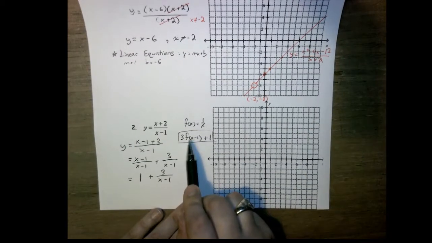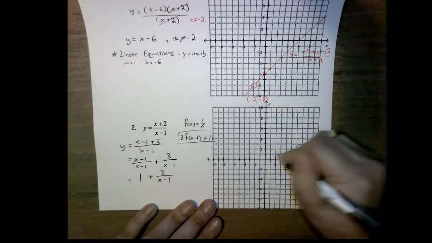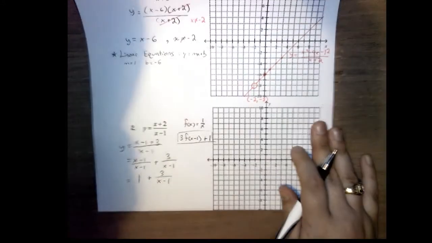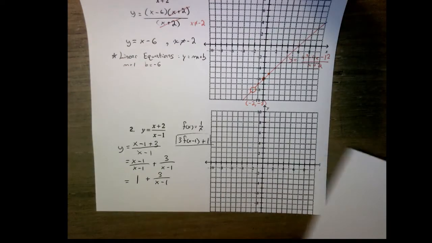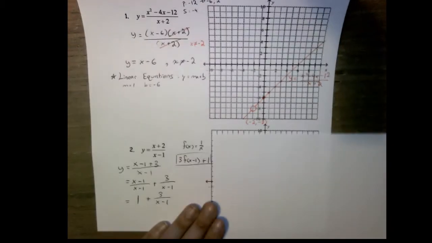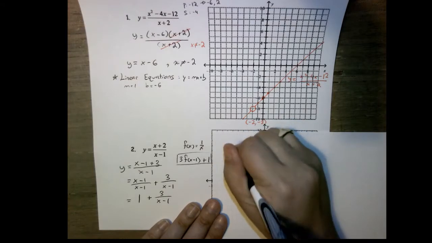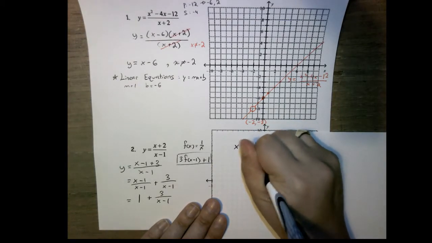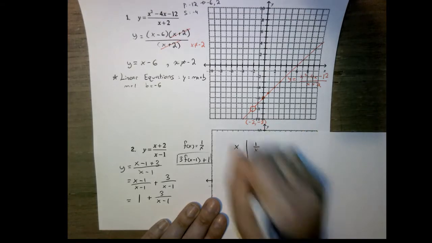Right? So if you remember what our parent function 1 over x looks like, a quick way of remembering it is you can always create a table of values. So whenever you're in doubt, you can create a table of values. So let's just do that. Let's say I have an x and the expression 1 over x.